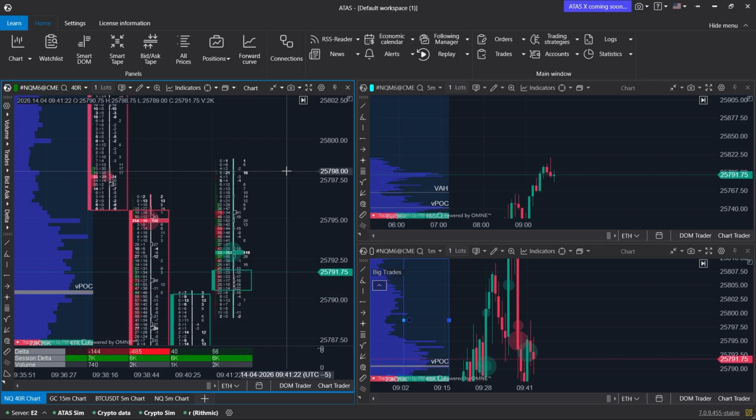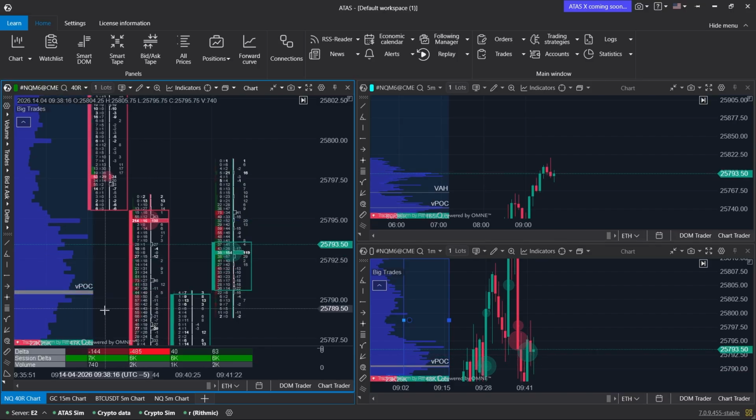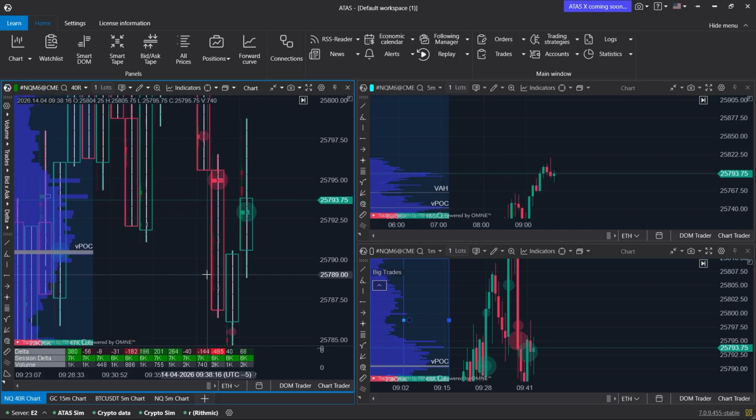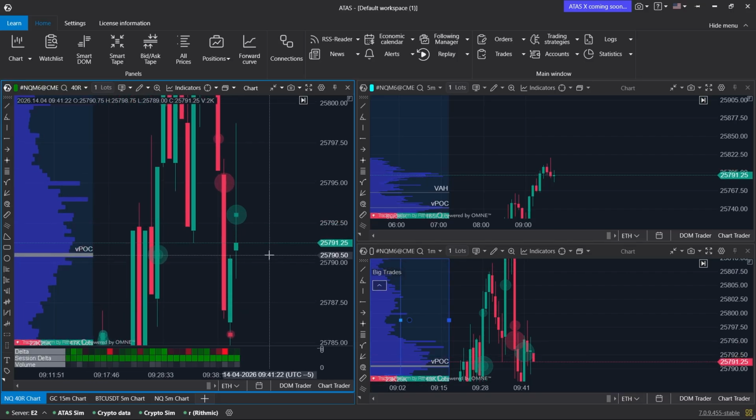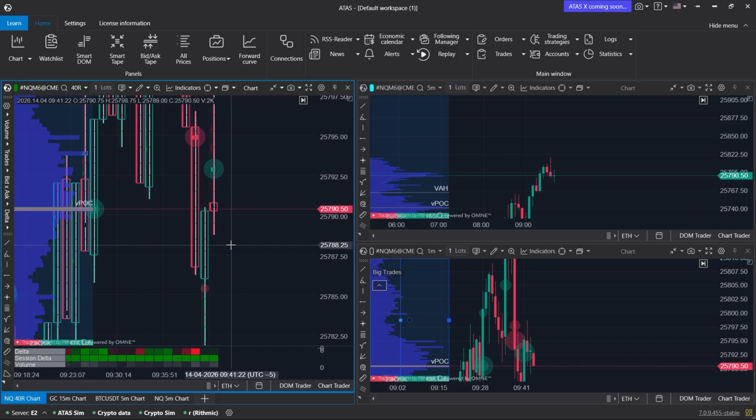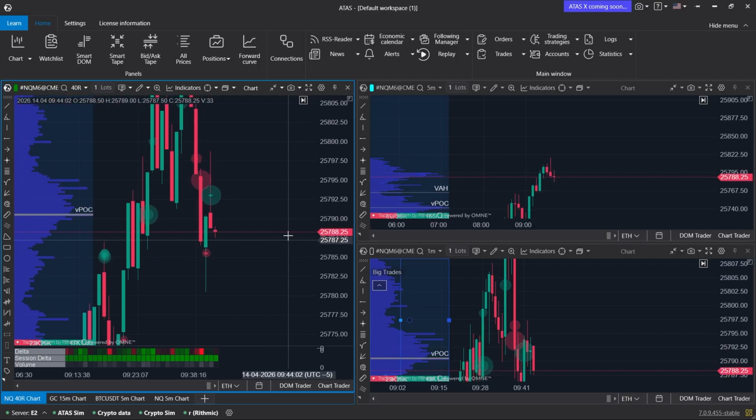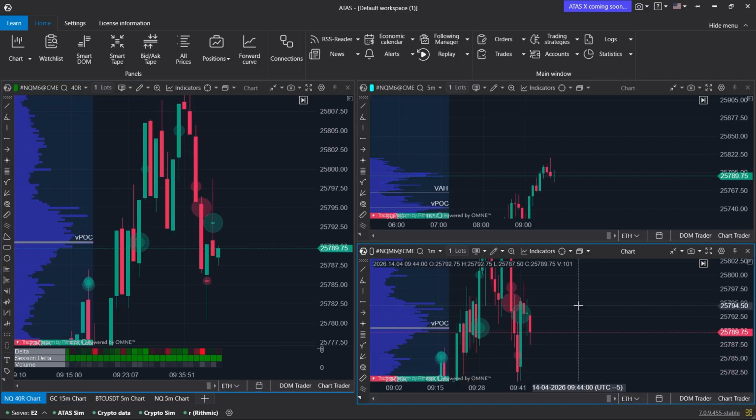So maybe because of this level, but yeah, I had to take this trade because these are my rules. Yeah, it's okay. It's okay. Not risking a lot. I don't think I've even risked. Yeah, I did risk my last trade's profit, but it's okay.